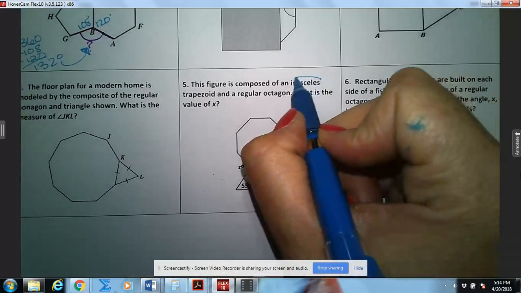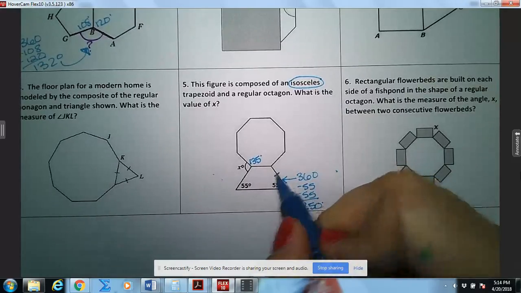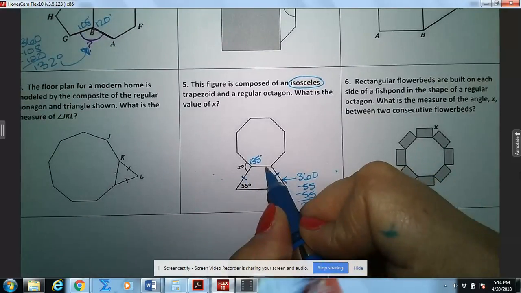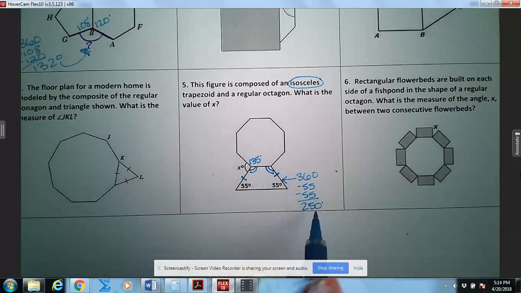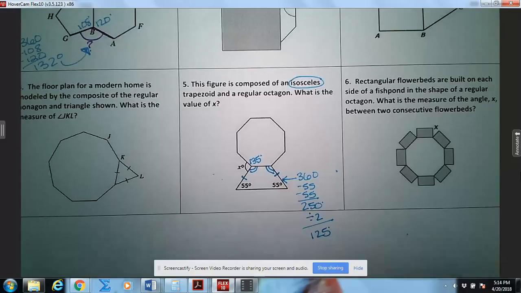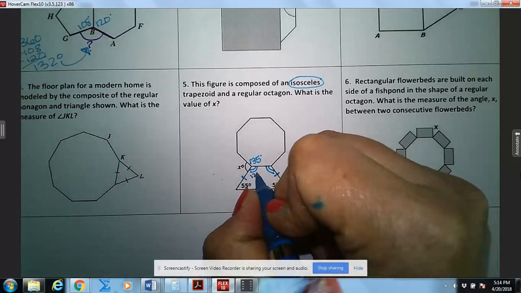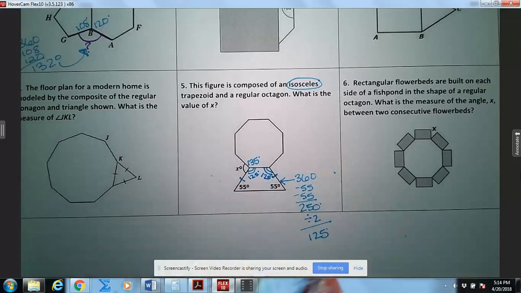Because this is isosceles, there's a blast from the past word, the sides are equal, which means the angles here are equal. So this 250 degrees that's left has to be split evenly for 125 each. This question really is bringing a lot of information from the past back.